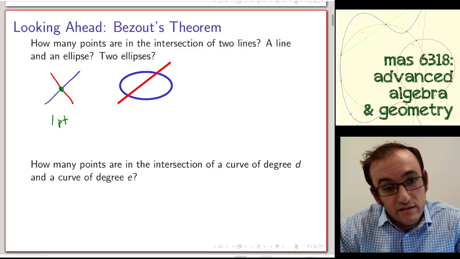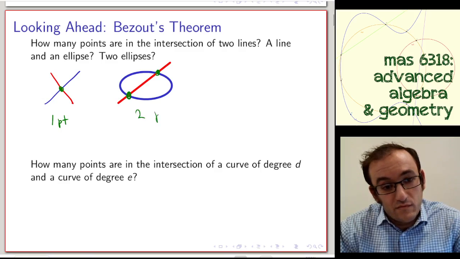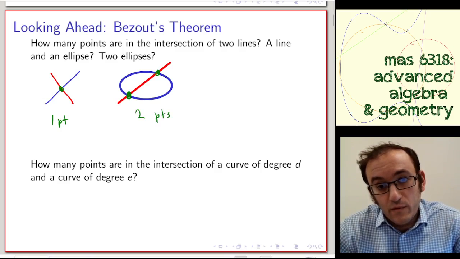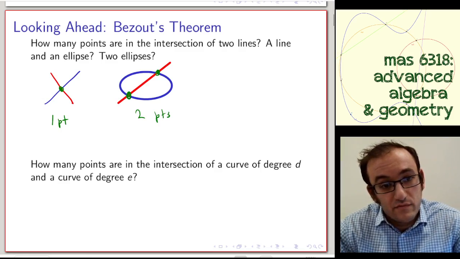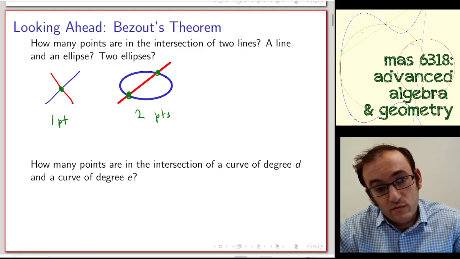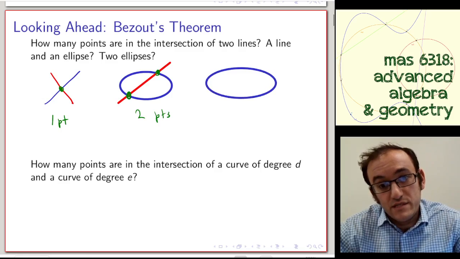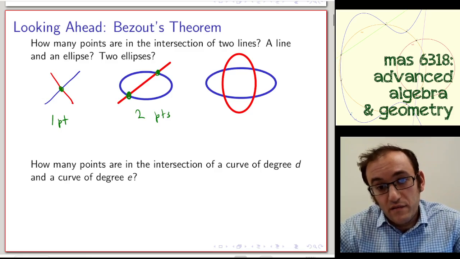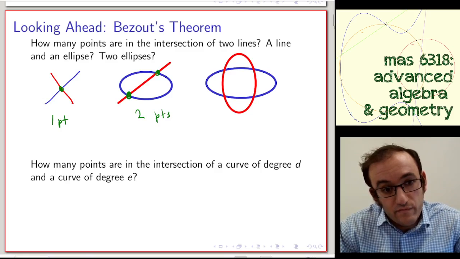And here we find 2 points. Okay, how about 2 ellipses? Well, let's say they're in general position relative to each other. So we've got an ellipse here, ellipse here. So here we find 4 points.